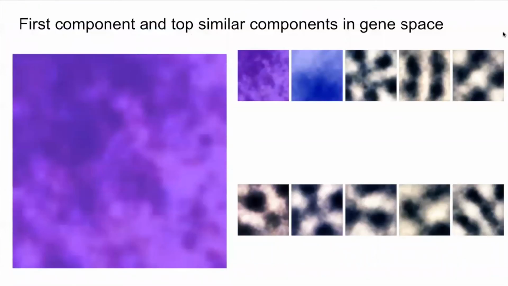Now, as I mentioned earlier, each image or each component that represents an image represents a set of weights across all genes. So every component has another component in the gene space. And so if I look at the components in the gene space and then correlate them and then convert them back to the image space, these are the top components I get that are correlated to this purple blotch tile here.